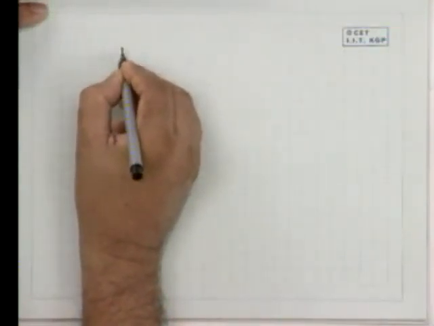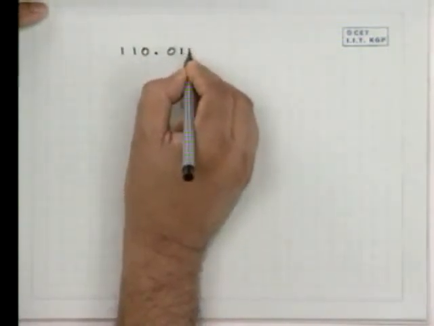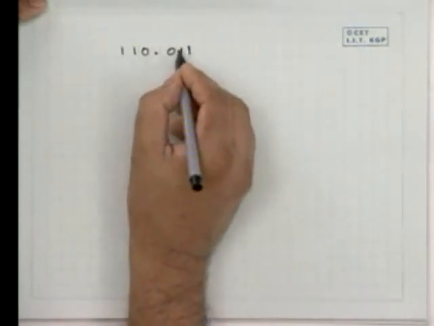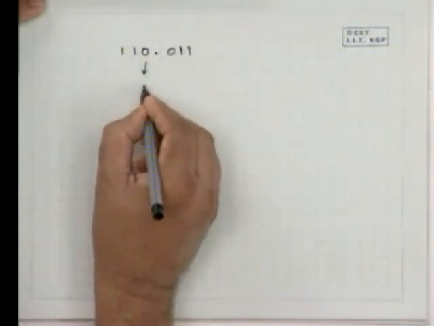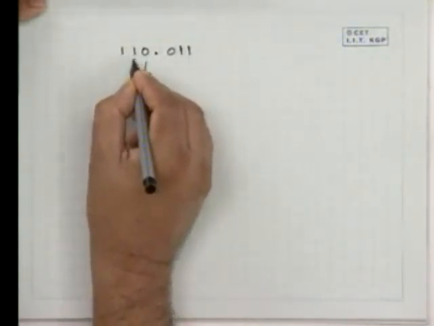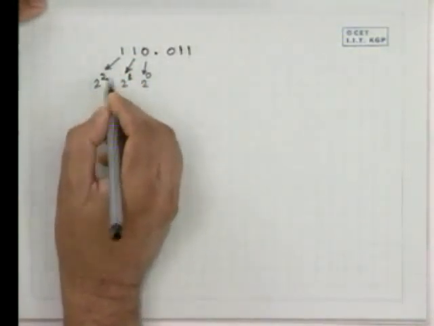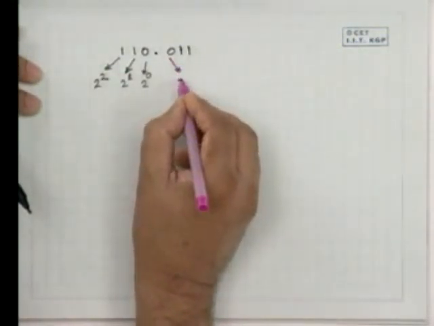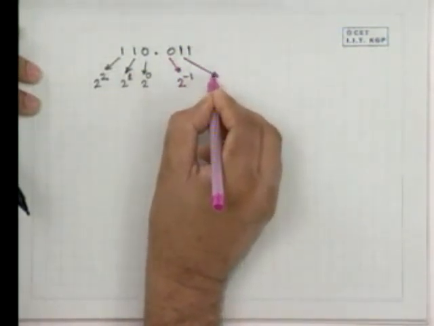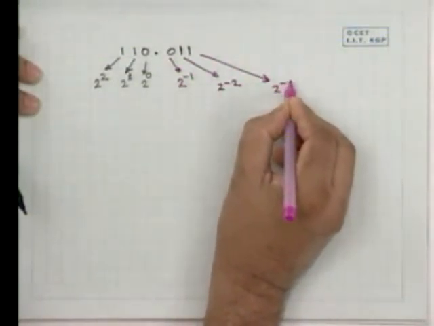For example, we will represent a number, say 110, then the binary point, then 011. This has a weightage of 2 to the power 0, this 2 to the power 1, this 2 to the power 2, and anything after the binary point will have a weightage of 2 to the power minus 1, 2 to the power minus 2, and 2 to the power minus 3.